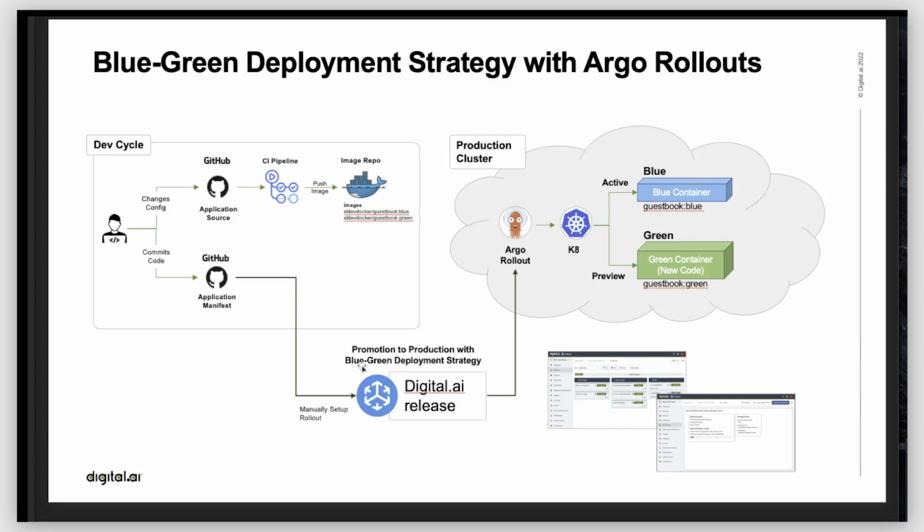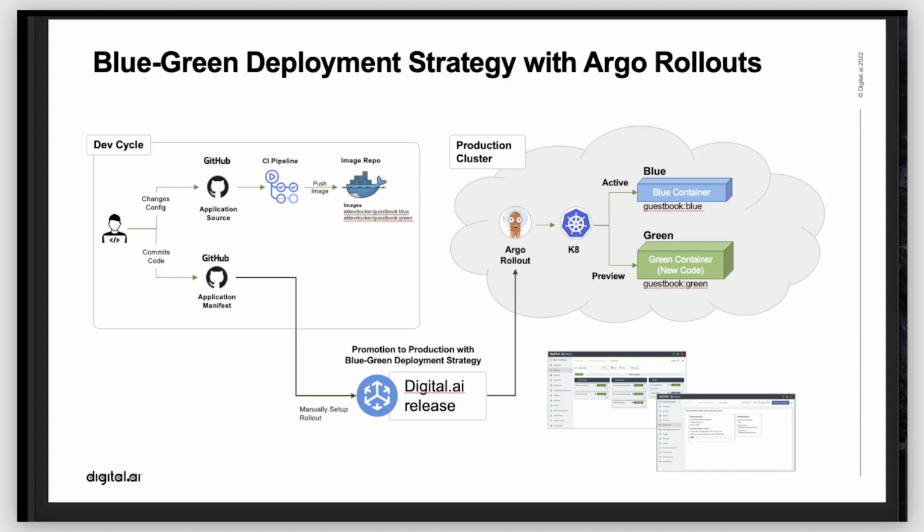I will demo the blue-green deployment strategy first using Argo Rollouts. I have an application called Guestbook running on an AWS cluster, deployed on an EKS cluster. I have two containers. One I will call blue, which is running the current application version, and the second I will call green, which I will deploy the new version to.